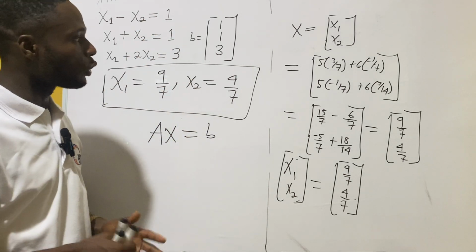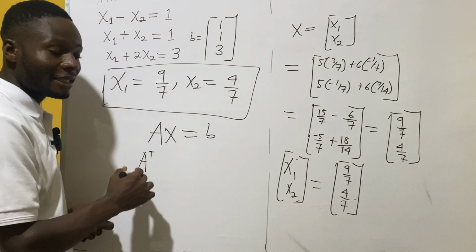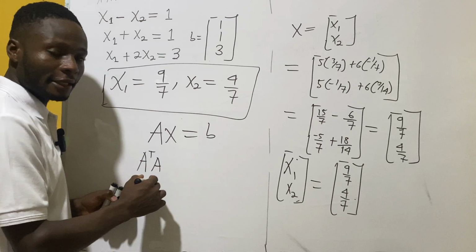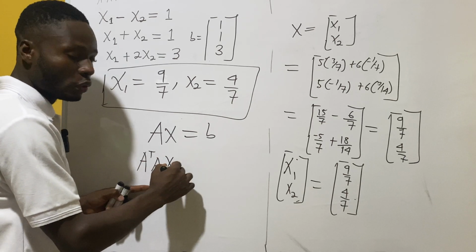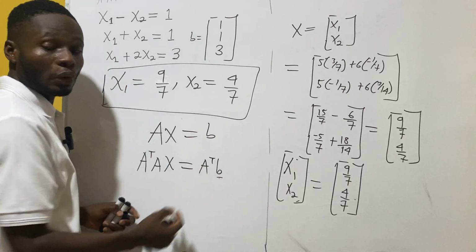Okay, so once you have that information, you say that A transpose times A times your unknown should be equal to A transpose times your constant, right?